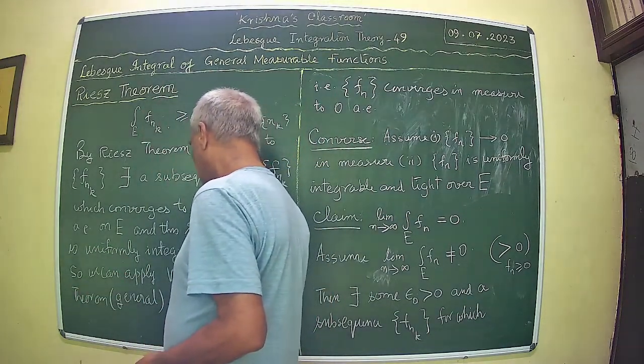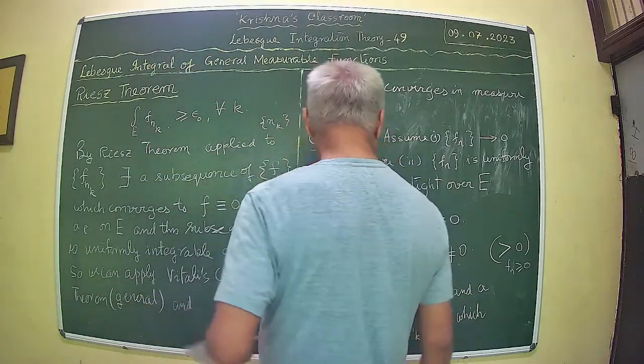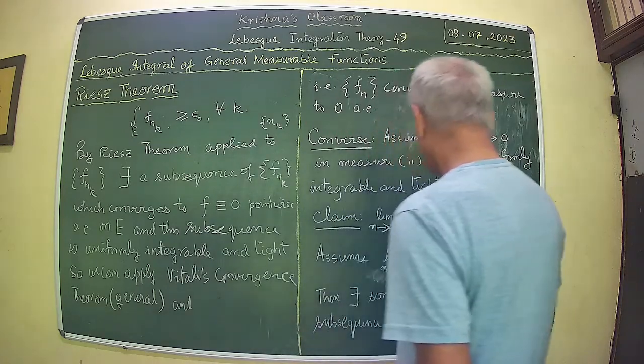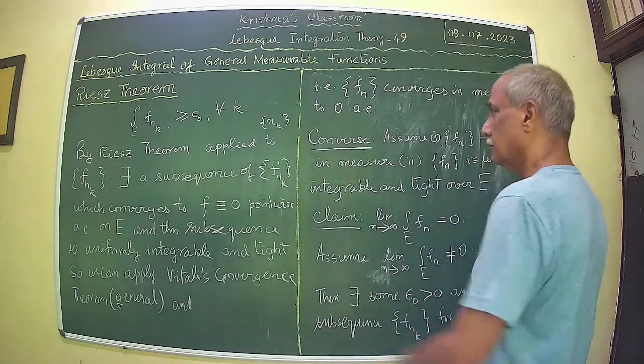And what is the consequence? The consequence is that such an epsilon naught does not exist.